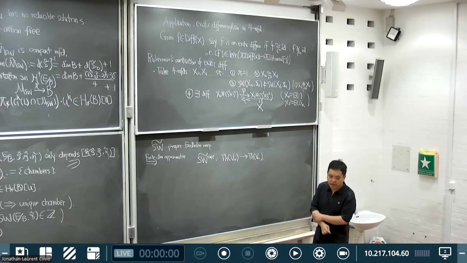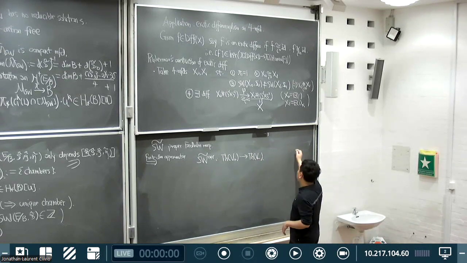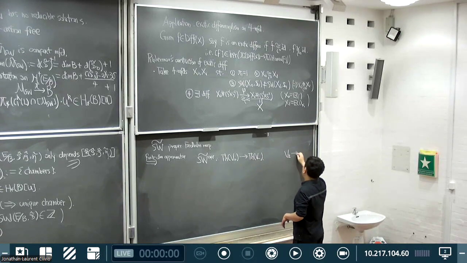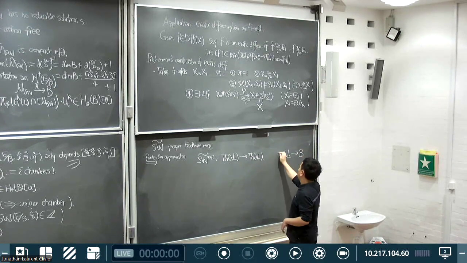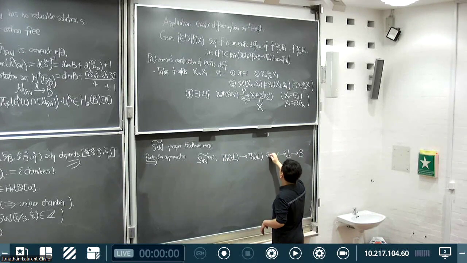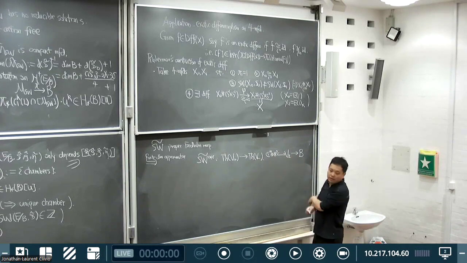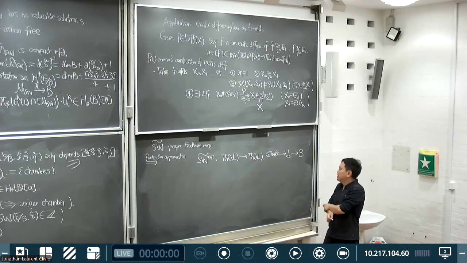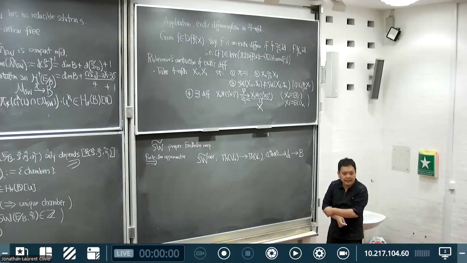I need to explain this terminology. So V plus and V minus are vector bundles over the base, whose fibers are finite dimensional.